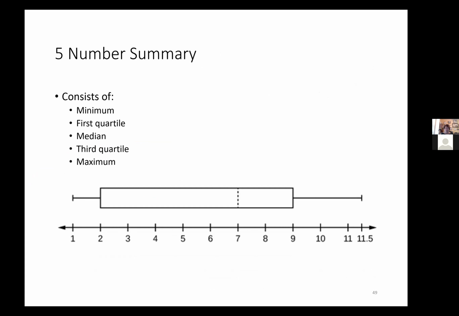The first quartile would be the second number, that would be the 2. The median is your third number. That's 7. The third quartile is the fourth number. That's 9. And then the maximum is your 5th number, in this case, 11.5.